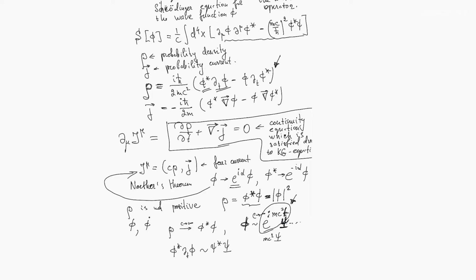So rho is nice in all respects, in that it's a part of the conserved four-current. It is a quantity which has a correct non-relativistic limit, but it loses one important property, which allows us to interpret it really as a probability density, namely it's not positive anymore.